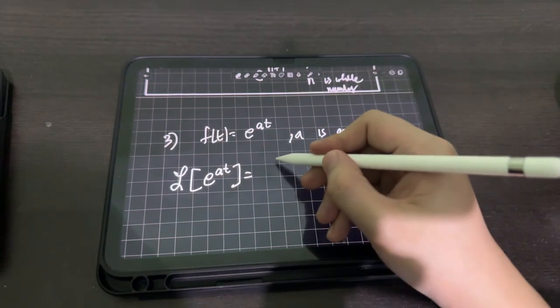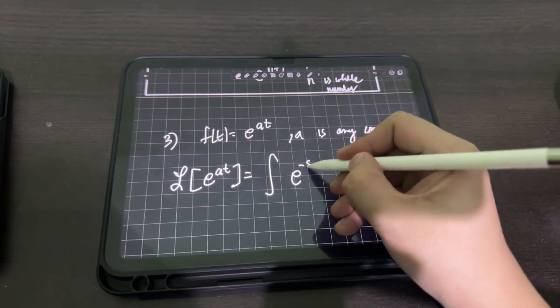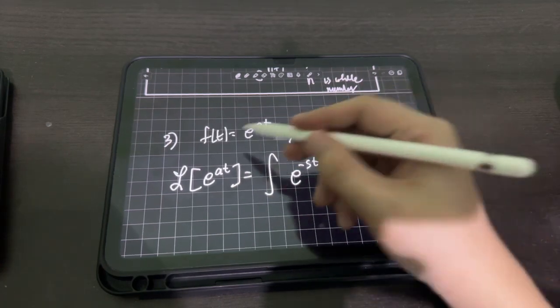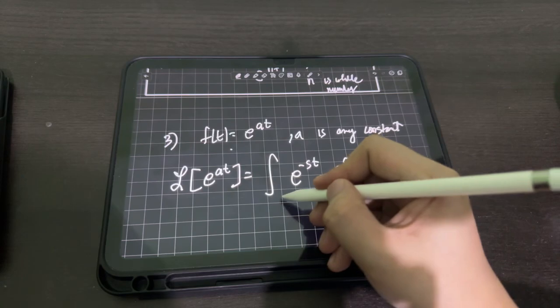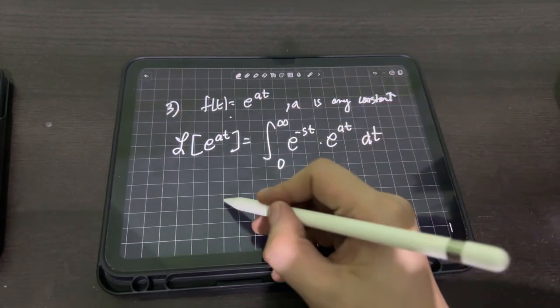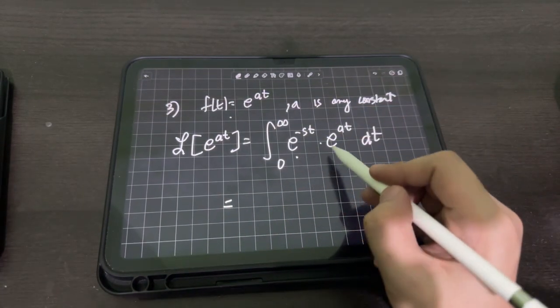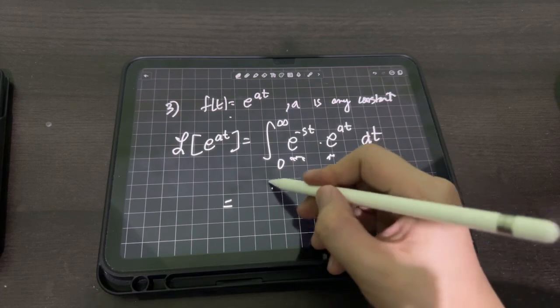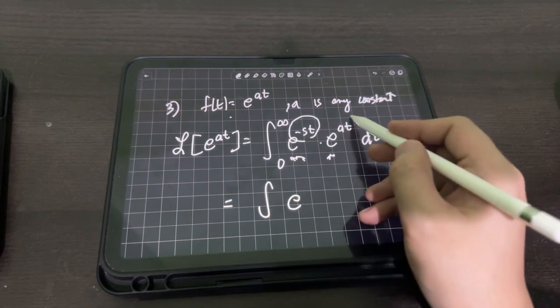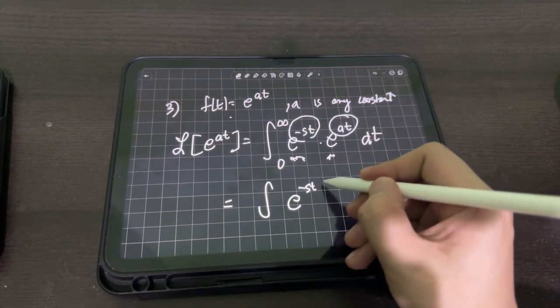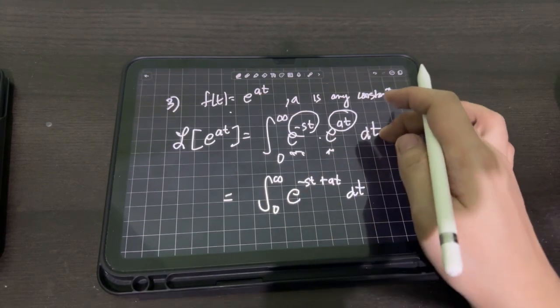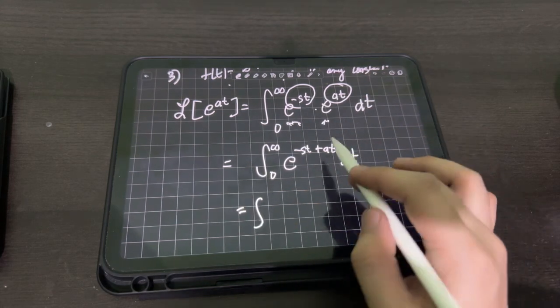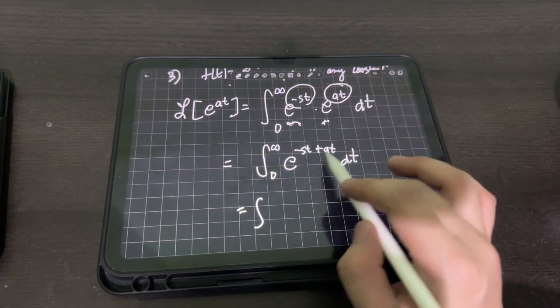So, the integral of e to the negative st times f of t, which is now e to the at, dt from 0 to infinity. So notice we have the same base e. We can just copy the same base e and add the exponents, negative st plus at, dt from 0 to infinity. We can actually factor the t here.